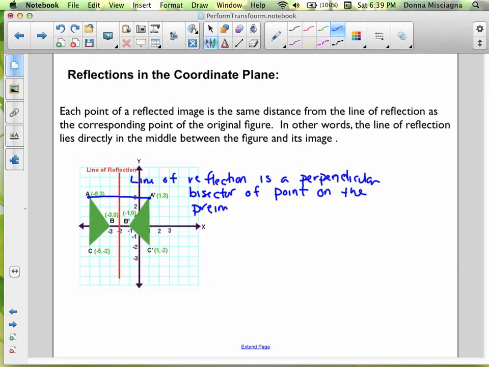Actually, excuse me, I forgot to write the word segment. So a bisector of the segment. As I'm talking, I slowed down my talking so it matched my writing, and by the time I got to write it, I forgot to say the word segment.